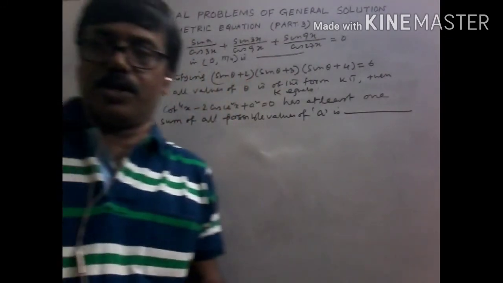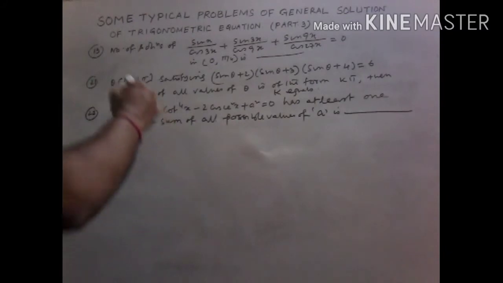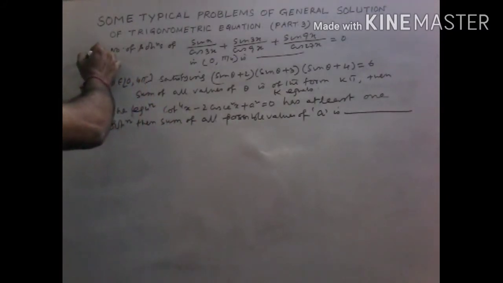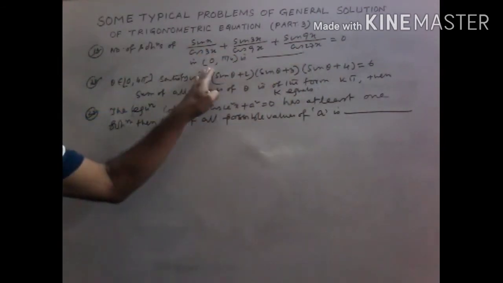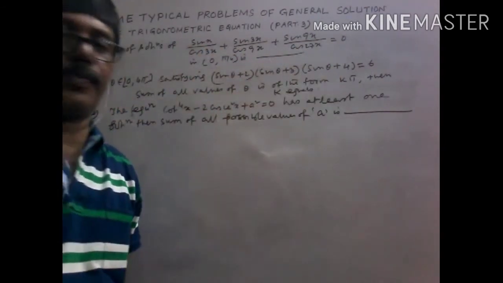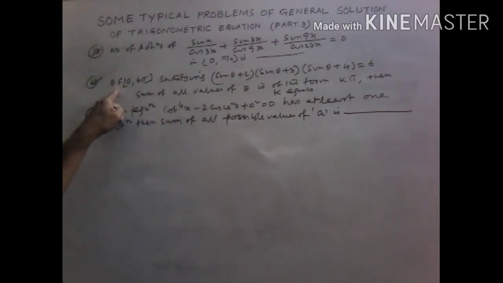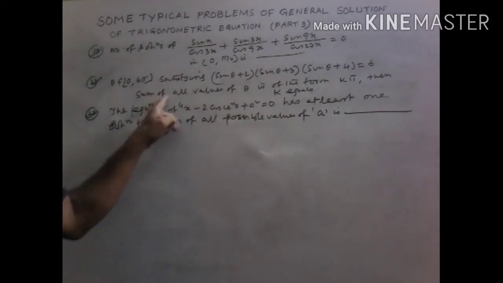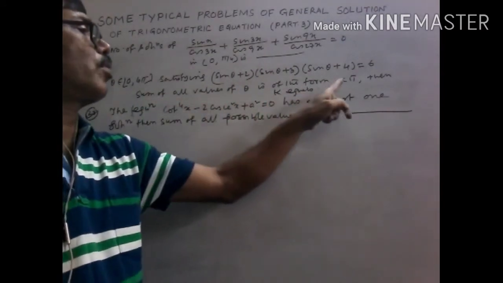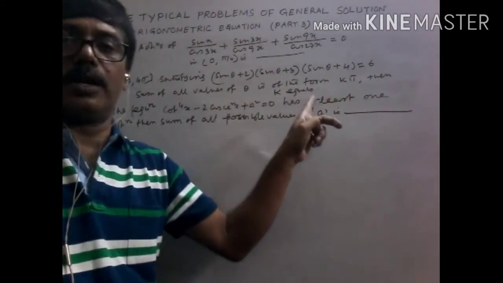Now we consider these problems. So look, 13, 21, 22. Number of solutions of the equations in 0 to pi by 4 is theta belongs to 0 to 4 pi, satisfying the equation. Sum of all values of theta is of the form k pi.